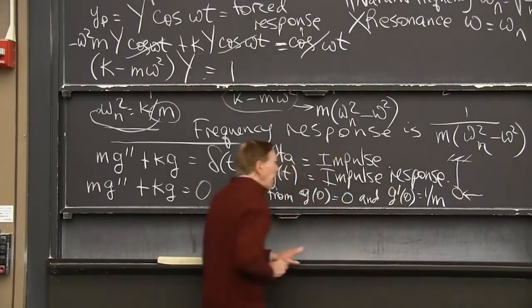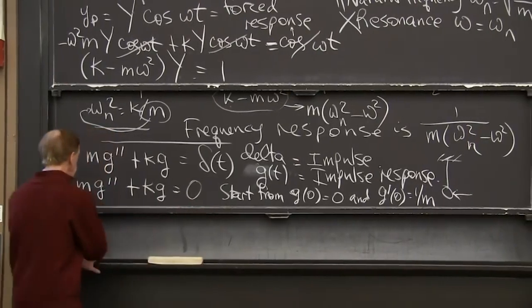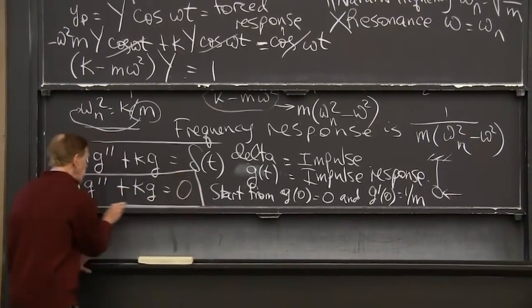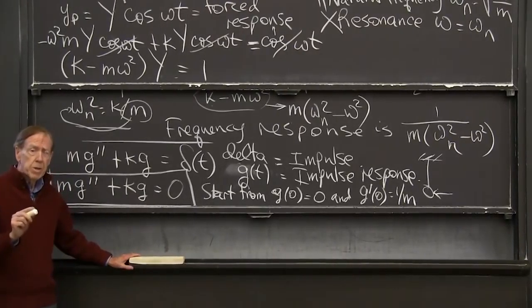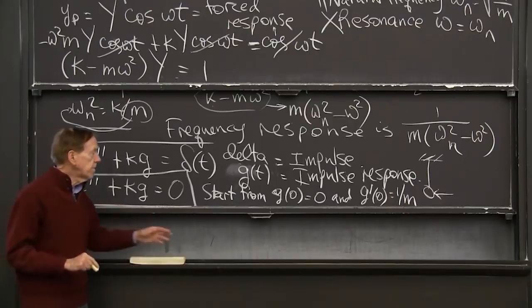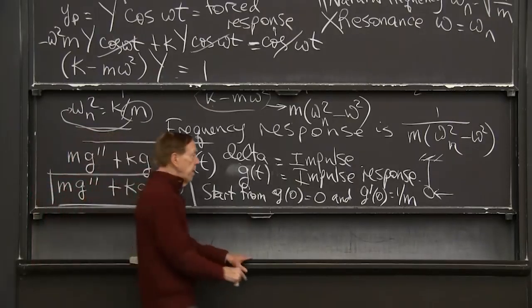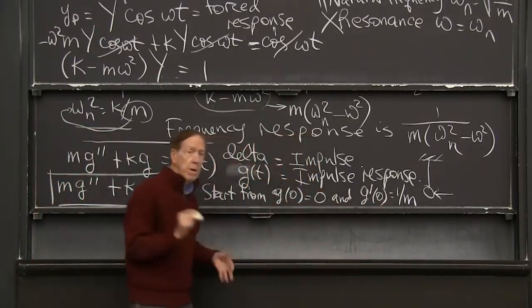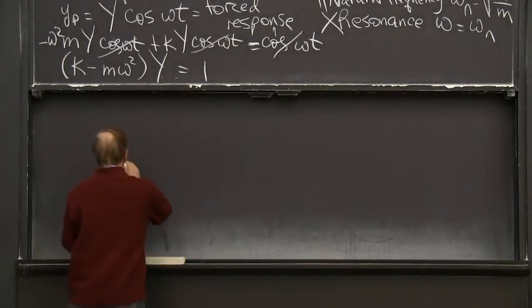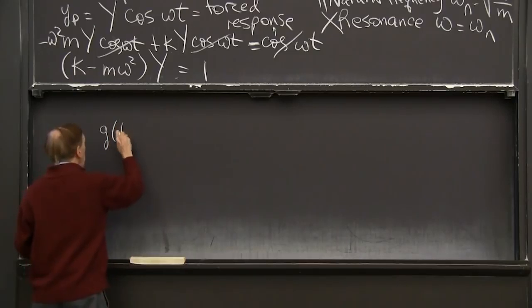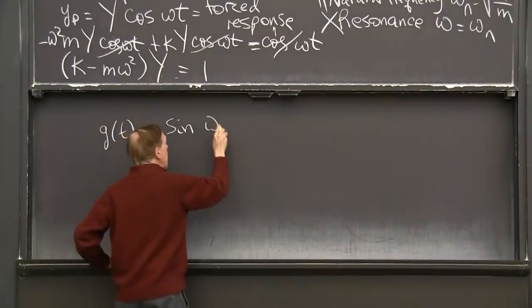This is the g. We'll see impulse responses again, but let's see it this time by solving this equation. Actually, we solved it last time. You remember the solution to this one? When it starts from 0, there's no cosine. But when the initial velocity is 1 over m, there is a sine. So I'm going to just write down the g of t, which is just sine of omega n t.